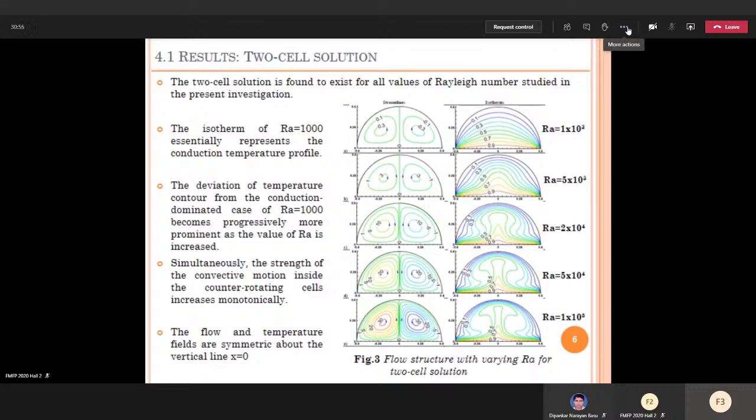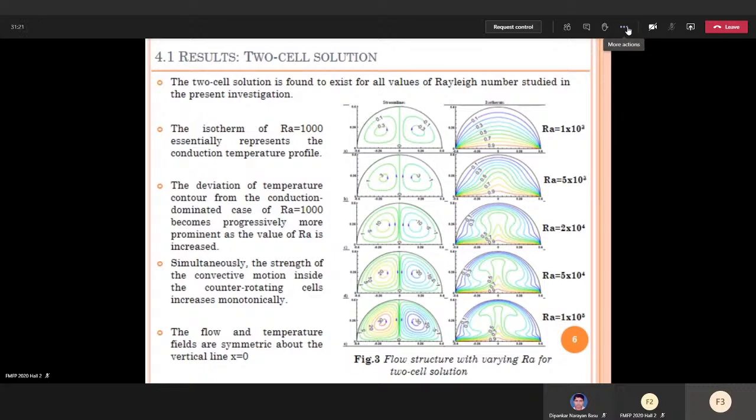The first column presents the contour of stream function and the second one presents the isotherm for different values of Rayleigh number. The top row represents the lowest value, Ra equal to 10 to the 3, and the bottommost row refers to the maximum value, 10 to the 5. In between we have the intermediate values of Rayleigh number.